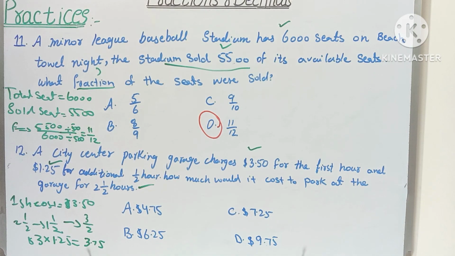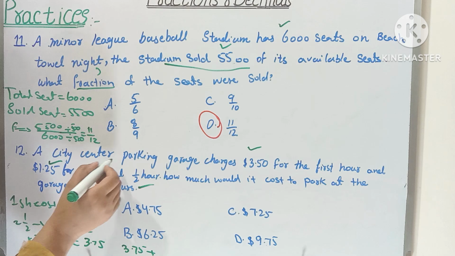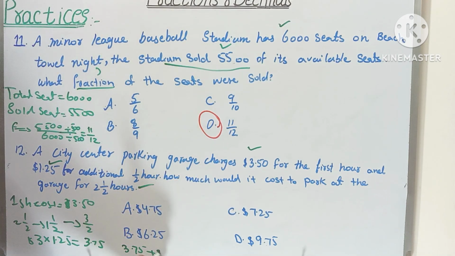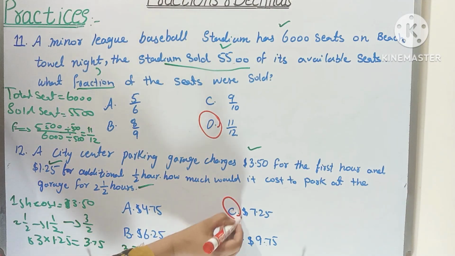Now next, add the cost of the first hour and the cost of the additional hours: $3.75 plus $3.50. When we add them, my answer is $7.25. Now it corresponds to option C. The total cost to park at the garage for 2 1/2 hours would be $7.25.